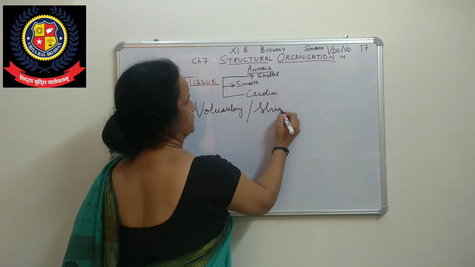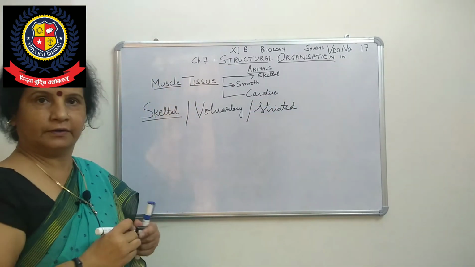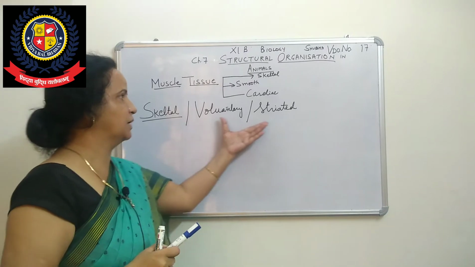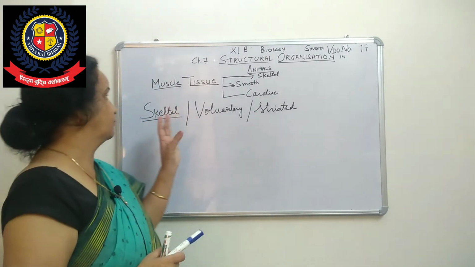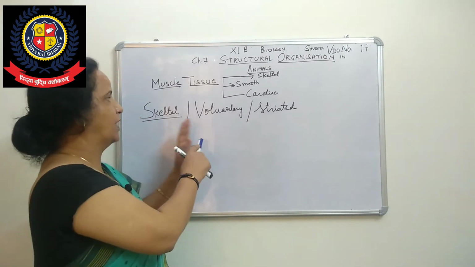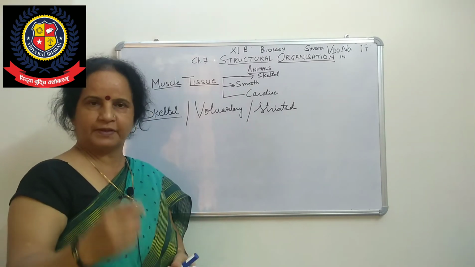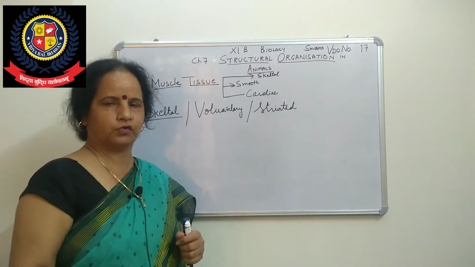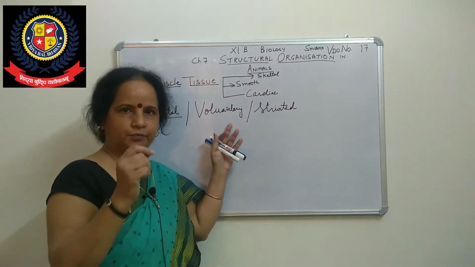All these 3 names are given for one type of muscle tissue. Now I am telling you why it is called skeletal muscle, why voluntary muscle, why striated muscle. You can use the pencil and note it down in your book also. Maybe it is not given in your book, but it is an important point.